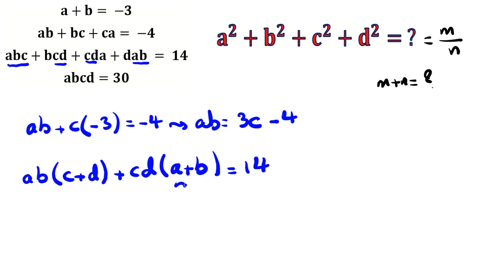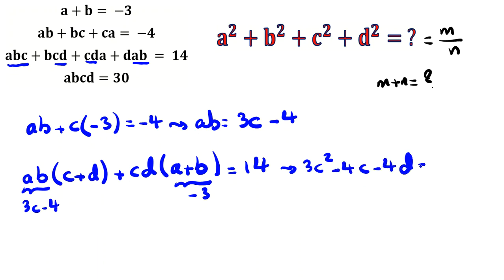A plus b is negative 3 and ab is 3c minus 4. If we simplify that, it will be 3c squared plus 3cd minus 3cd. They will be cancelled. So negative 4c, negative 4d equals 14.